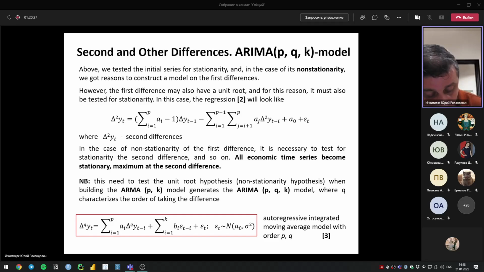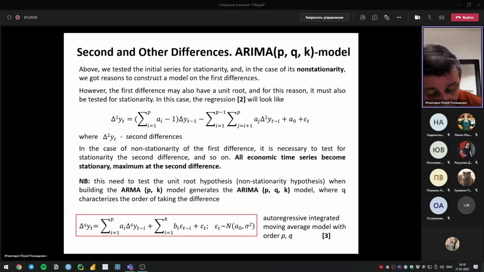That is, according to the totality of applying tests, most economic indicators are either stationary in themselves or stationary in the first difference. It is very rare when an economic indicator is stationary in the second difference. Never are economic indicators no longer stationary in the third difference, and so on.